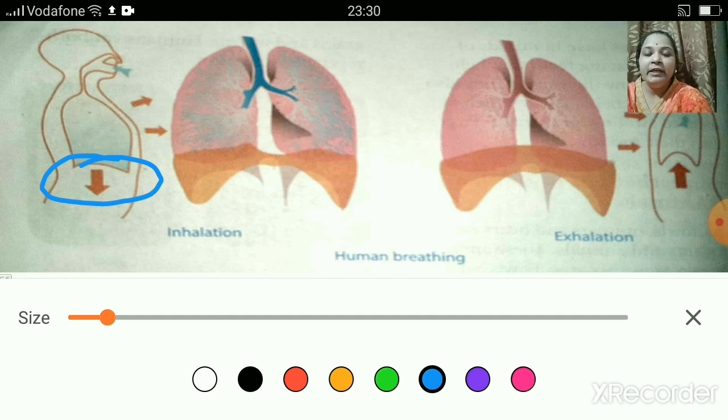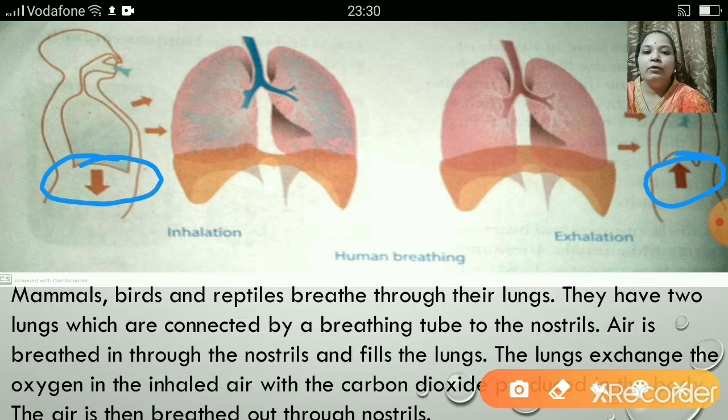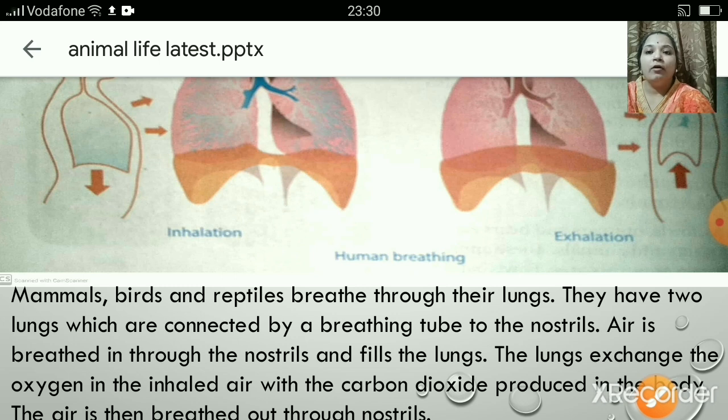So, when we inhale, the diaphragm goes down, and on the right hand side, when we breathe out or when we exhale, the diaphragm goes up. So, this is how we breathe through our lungs. Once again, the lungs are the breathing organs of mammals, birds, and reptiles. Now, let us see about the breathing organs of other animals.